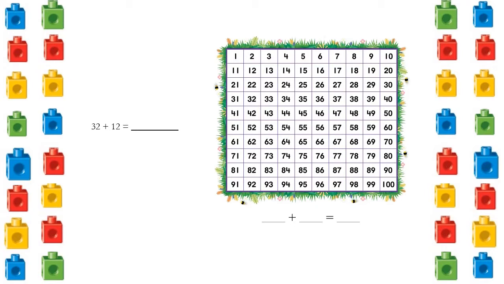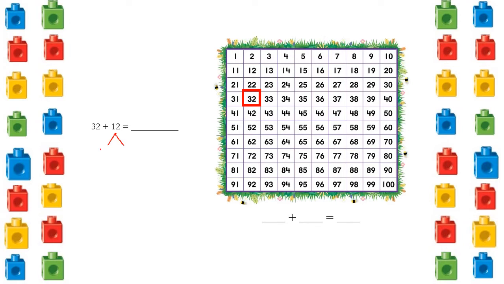So let's say we have a number like 32 plus 12. Remember, I don't want you to do any of these things in your head. Here's what you can do. Find 32, okay? And then look at your problem. Let's break this up. Let's break up the 12, okay?